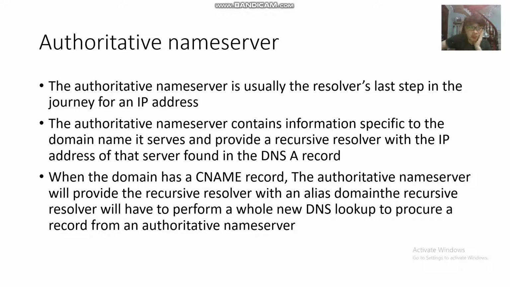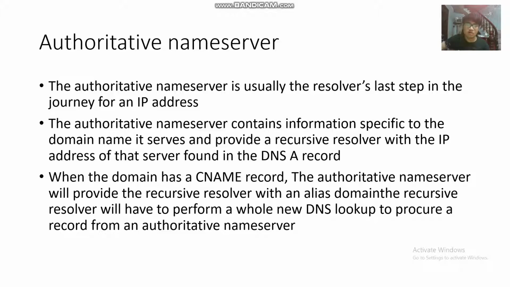Last is the authoritative name server. The authoritative name server is usually the last step in the journey for the IP address. The authoritative name server contains information specific to the domain it serves and provides a response with the IP address of that server found in the DNS record.